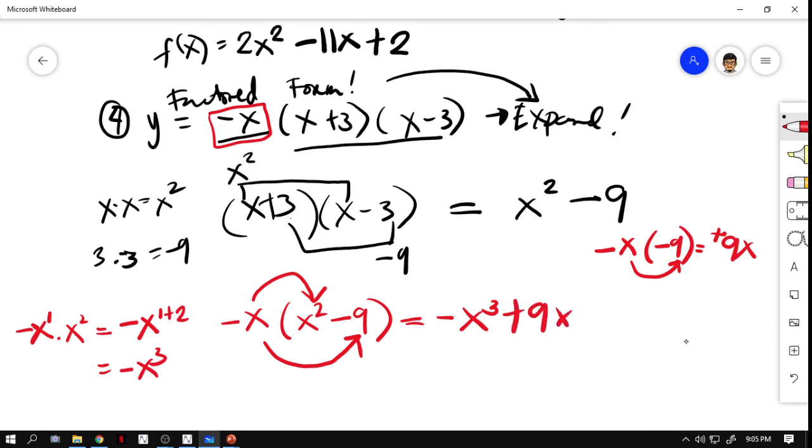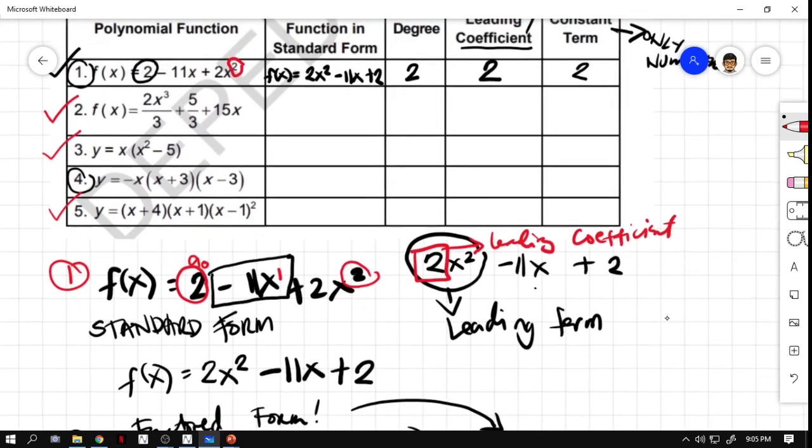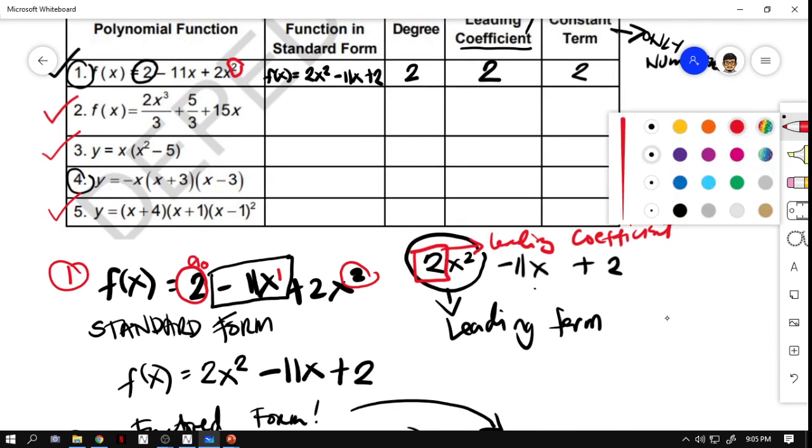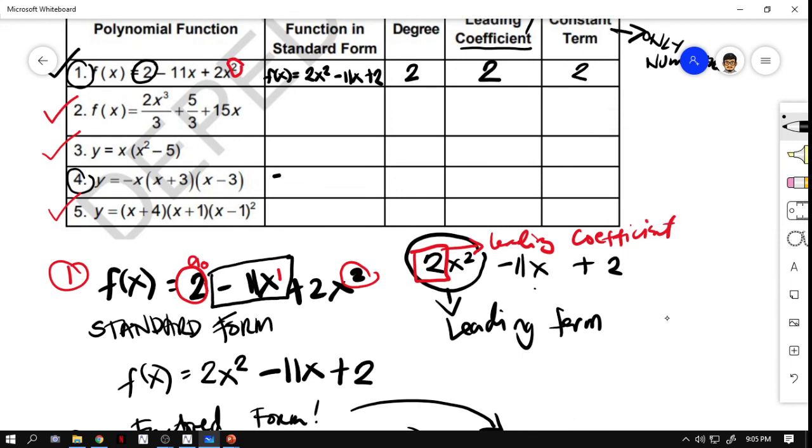And this is now, say, y is equal to negative x cubed plus 9x. This is now the standard form. Okay? So, number 4, ang standard form niya is y is equal to negative x cubed plus 9x.